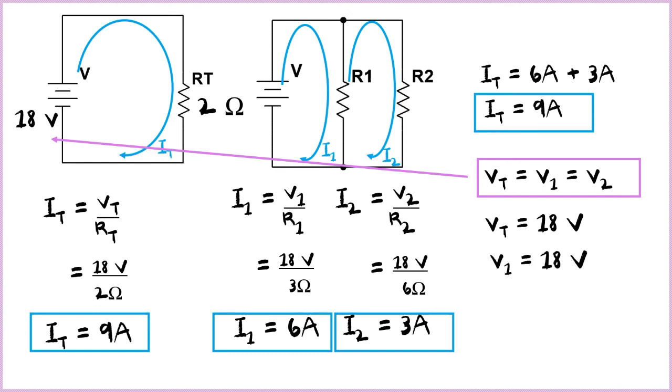VT is equal to 18 volts and V1 is equal to 18 volts and V2 is equal to 18 volts.